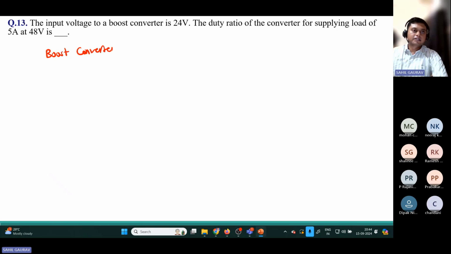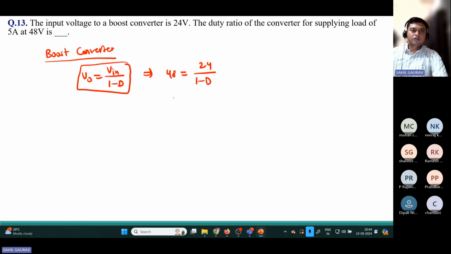For a boost converter we know the relation V naught equal to V in upon 1 minus D. Output voltage is given as 48 volt, input is given as 24, so the duty ratio is 0.5. 0.5 is the correct answer.